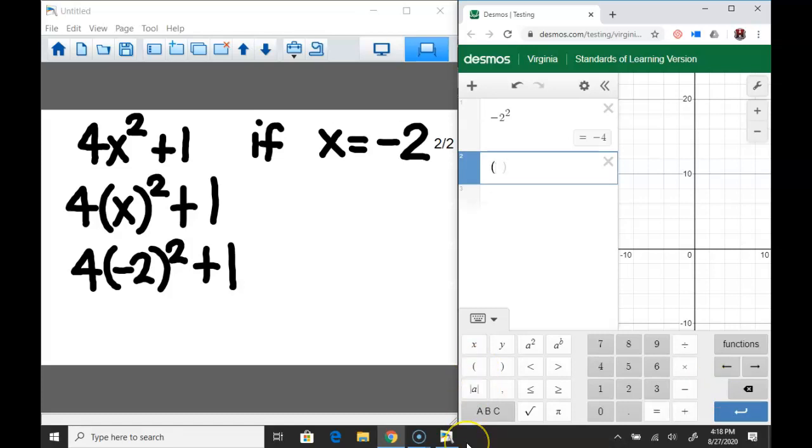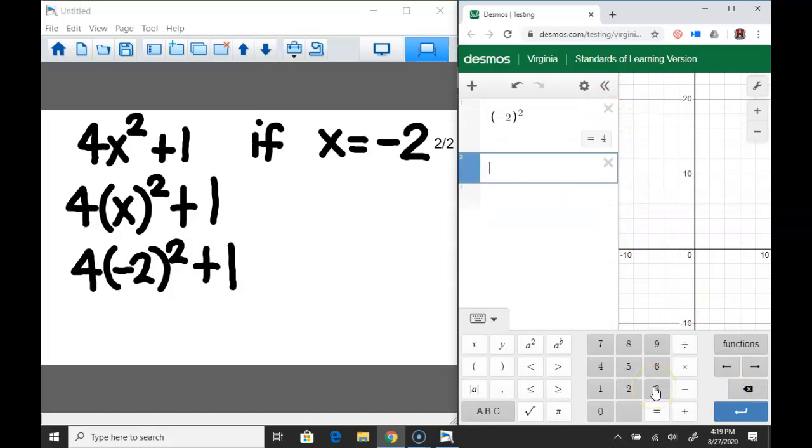So I want to do parentheses, negative 2, close parentheses, and then hit my squared button. You'll notice this time I get positive 4 as the answer. Now both of those can't be right. Here's what you need to understand. The negative 2 squared with parentheses is the one that's correct. So this one right here is correct. This one is wrong, so I'm going to delete that.